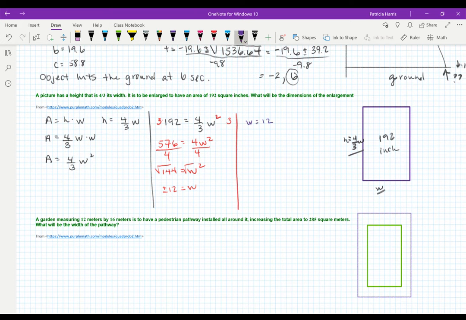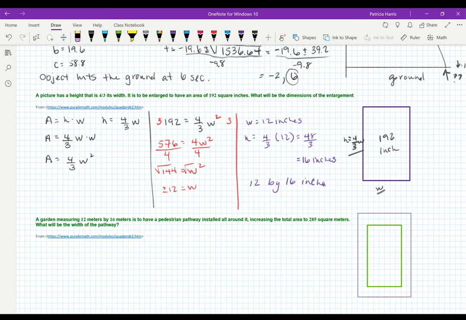So the width is 12 inches. To find our height, we're going to go 4 thirds times 12. So that's 48 divided by 3, which is 16 inches. Okay, so the new dimensions of my picture are 12 by 16 inches.